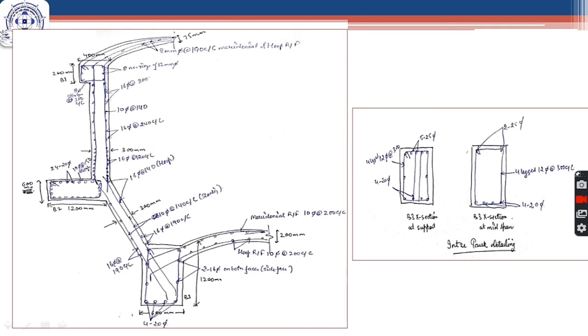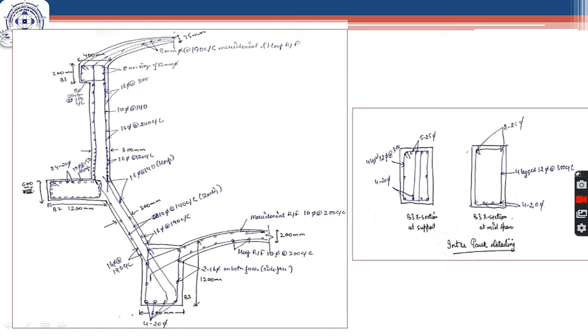So although this problem is very lengthy, but if you look at the individual components, the design is not so tough. You just need to find out the loads which are acting on each component first, and then we design the reinforcement and decide the dimension.